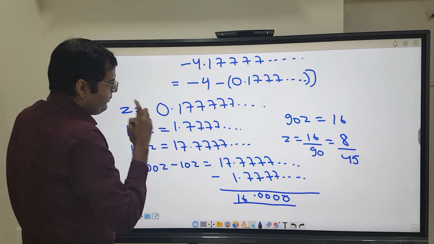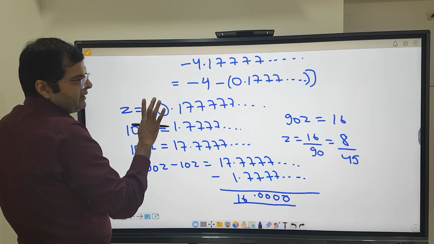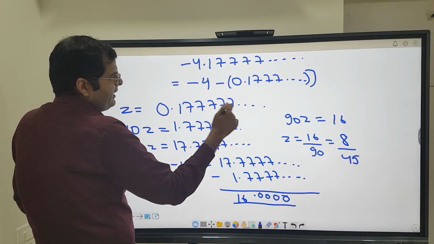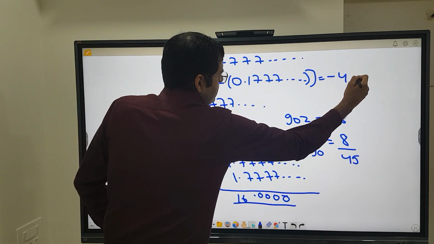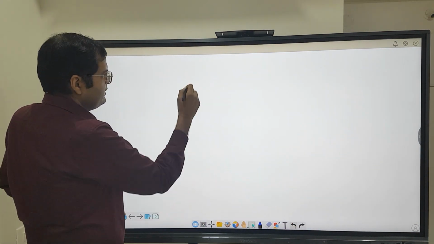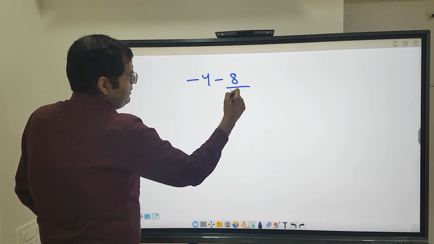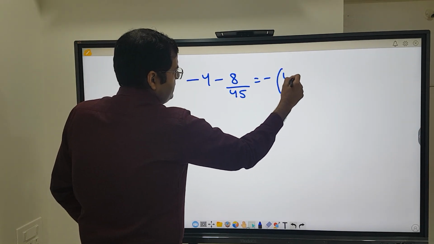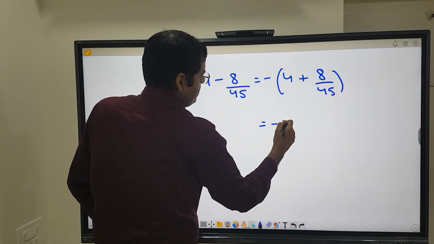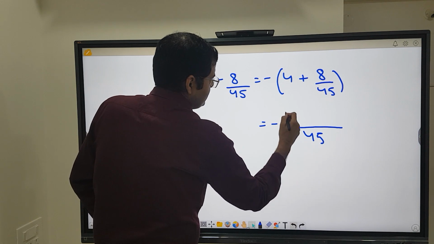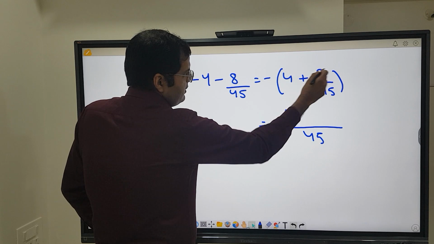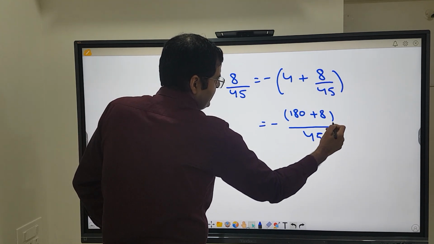So z is 8 upon 45, but z is only this much part. We are not done with the question. This is minus 4 minus this z, so it will be minus 4 minus 8 upon 45. You can take minus common. This becomes 4 plus 8 upon 45, and that will be equal to minus of, if you take 45 as the LCM, 45 into 4: 45 into 2 is 90, and 90 into 2 is 180. 180 plus 8 is 188.